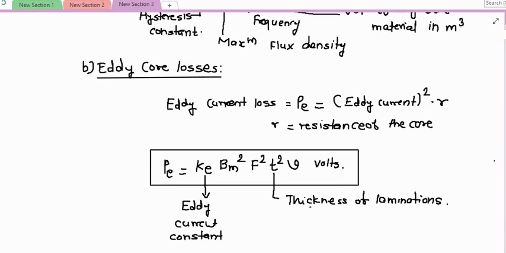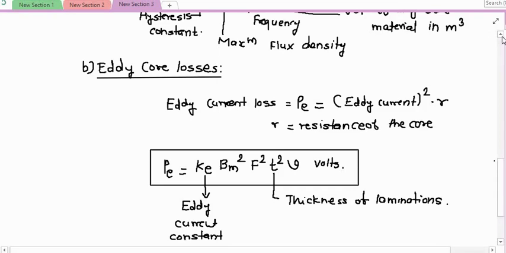Copper loss does not depend upon the frequency. Both these losses are reduced by choosing silicon steel having small values of Kh and Ke. What is Kh? Hysteresis constant. What is Ke? Eddy current constant of the material, and by using laminated construction for the core.